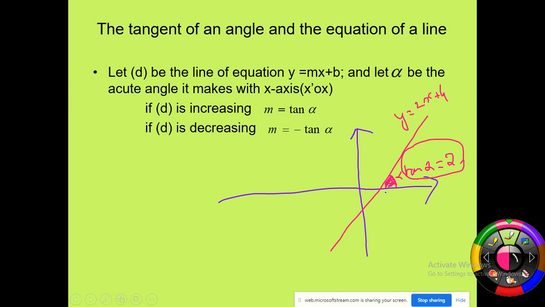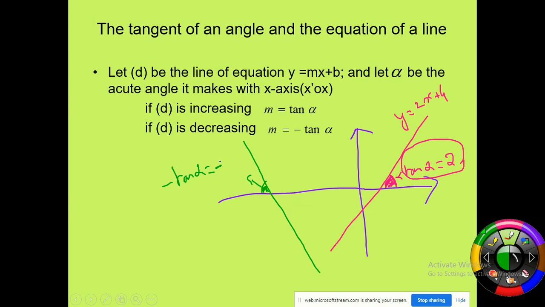Now, this line is increasing. If my line is decreasing like here, the acute angle, the small one, not the big one, what will be its measure? Minus tangent alpha is equal to the slope, because the slope is negative.